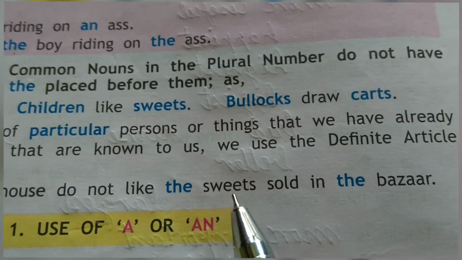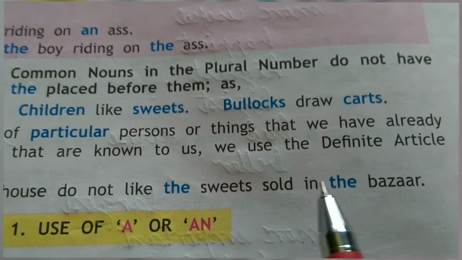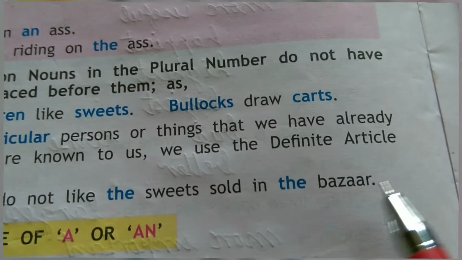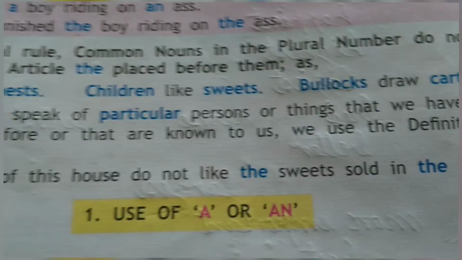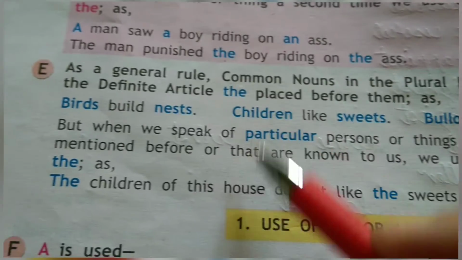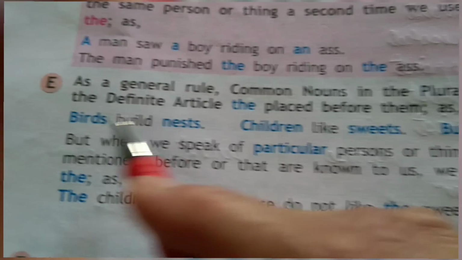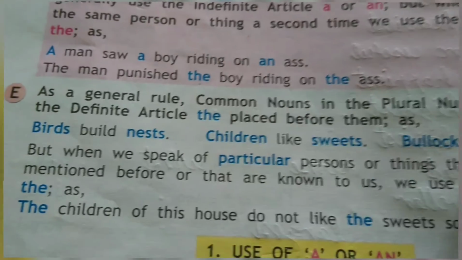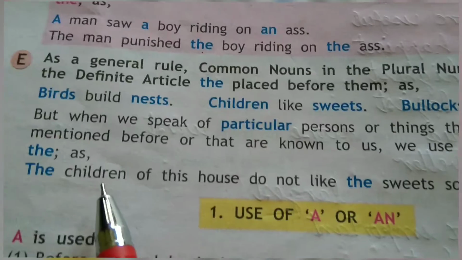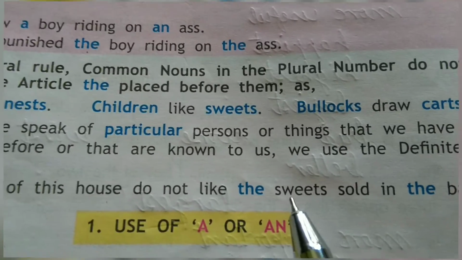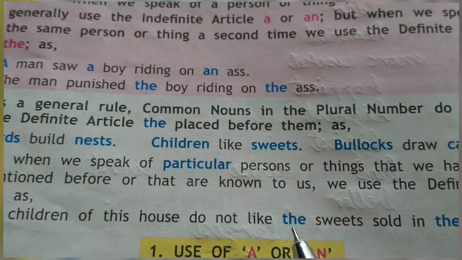Here I am talking about those sweets which are sold in the bazaar. I am talking about a particular bazaar. Understood the difference between these two? Here birds, children and bullocks are used in a general sense. But here we are talking about a particular group of children, some particular sweets. So the is used. I hope this part is now clear to you.